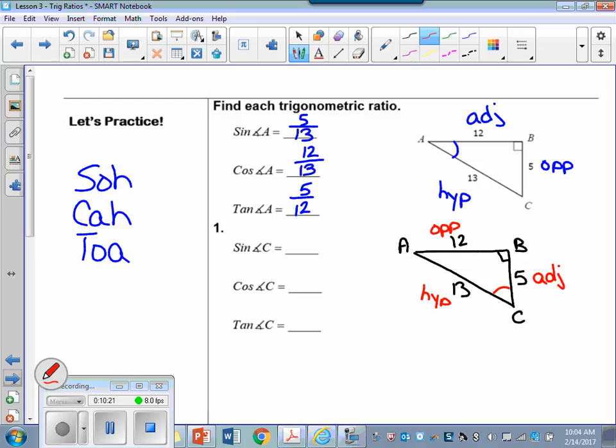Sine, so opposite over hypotenuse, that is 12 over 13. Cosine, CAH, adjacent over hypotenuse, 5 over 13. Tangent, TOA, opposite over adjacent, 12 over 5.